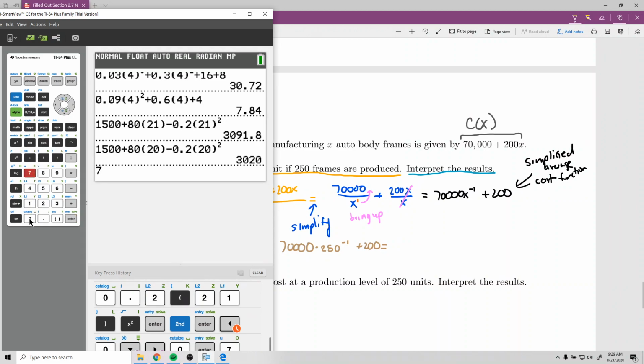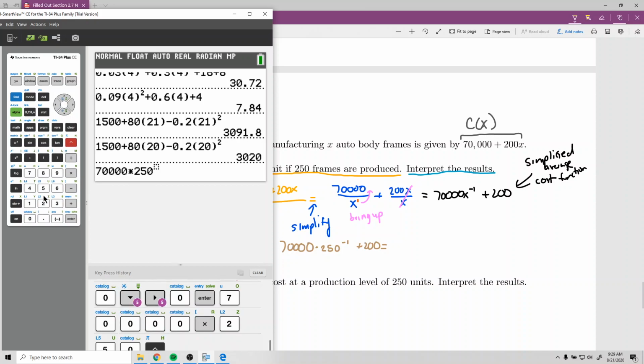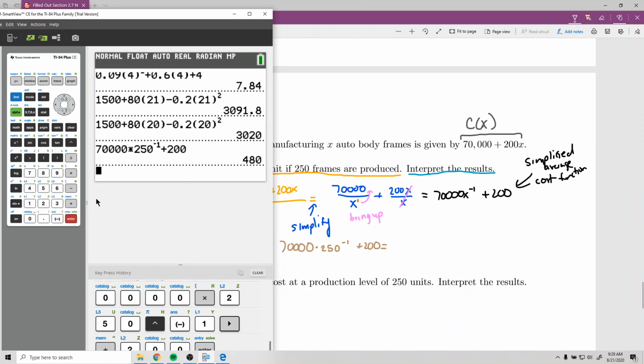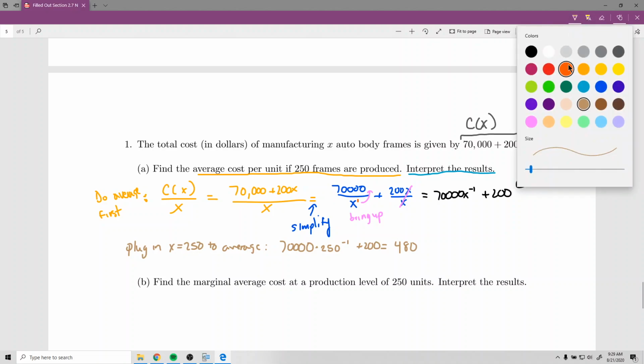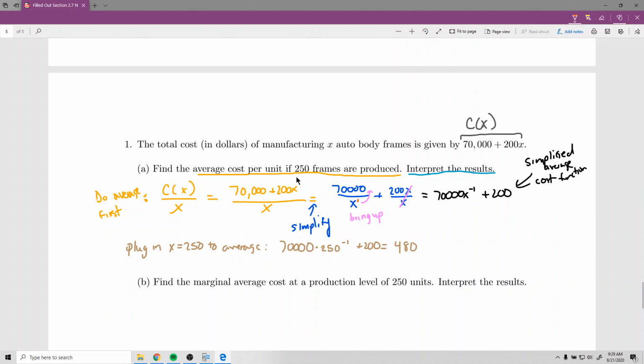So 70,000 times 250 raised to the -1 power plus 200. Your calculator can deal with negative exponents just fine. That's why it's okay. We got 480. Right, so the average cost per unit if 250 frames are produced is 480.